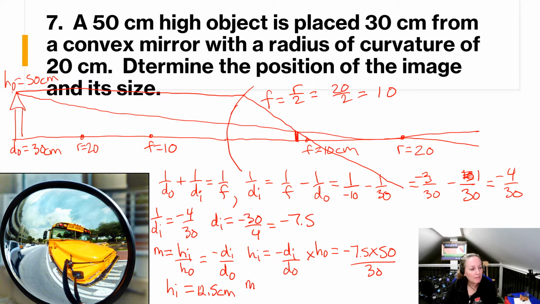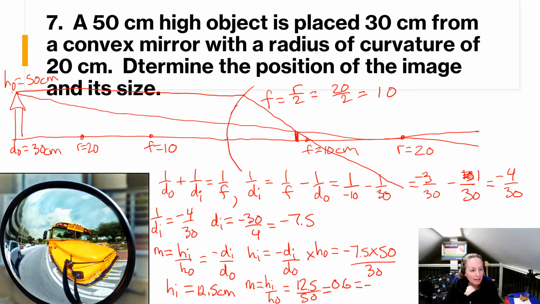And then our magnification is the height of image all over height of object. Height of image, what do we have? 12.5. And then height of object over 50. And we get a value of 0.6. Okay, and that will also equal negative distance of image. So what's our distance of the image? Negative 7.5.